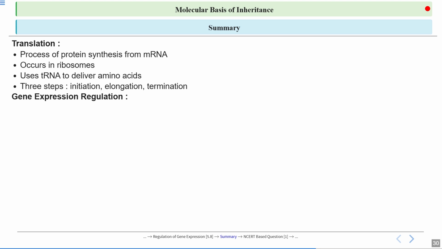In the initiation step of translation, the small ribosomal subunit comes and binds to the start codon on the mRNA. Now the initiator tRNA, which has the amino acid methionine attached to it, will come, and its anticodon, which has bases complementary to the codon, will bind to the start codon.